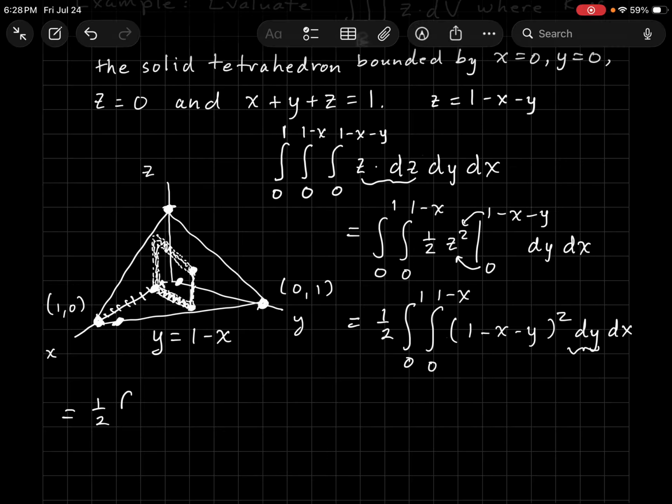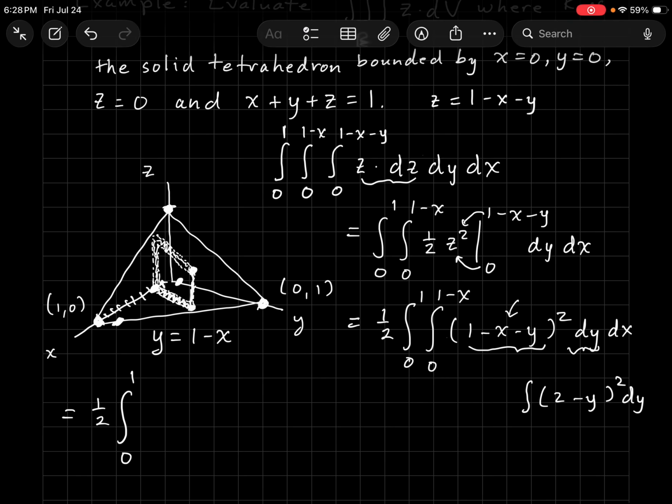So we have 1/2, so I'm going to leave the outer integral, 0 to 1. And now I need to integrate this with respect to y. So it's very similar to integrating something like 2 minus y squared dy, because the x is going to be held constant.